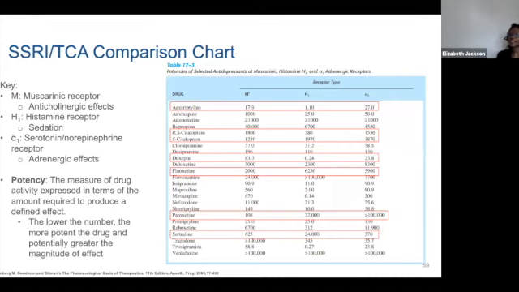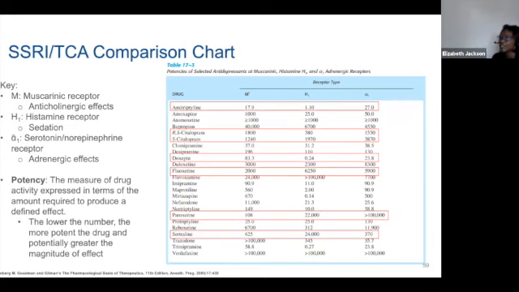This chart is a comparison of SSRIs and TCAs, and this highlights, well, the potency. Let's talk about the potency. The measure of a drug's activity is expressed in terms of the amount required to produce a defined effect. The lower the number on this chart, the more potent the drug is, and potentially the greater the magnitude of the effect.